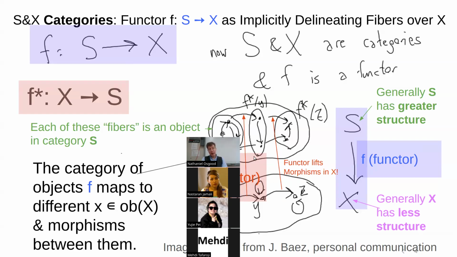But the basic idea is that we have data living in a category up here. These are objects, and each object might itself have some structure. It might be a poset, or a set with structure, or a monoid, so this might be a category of monoids or what have you.